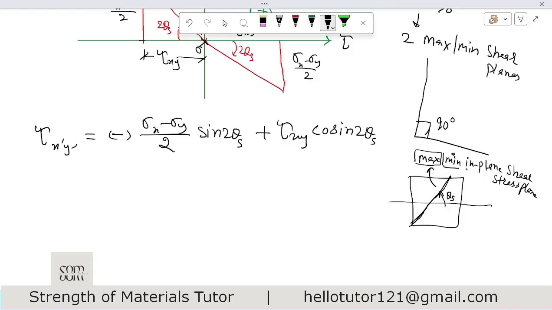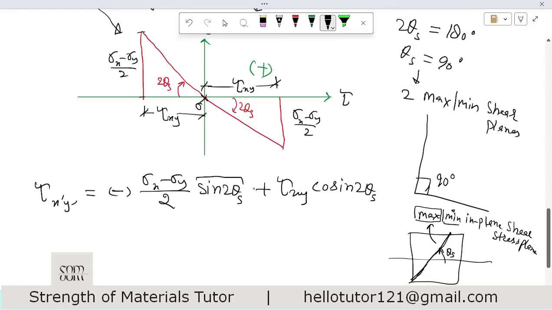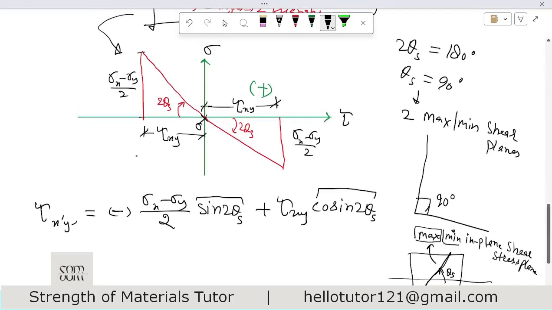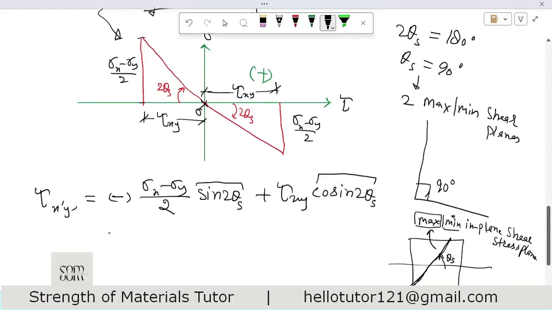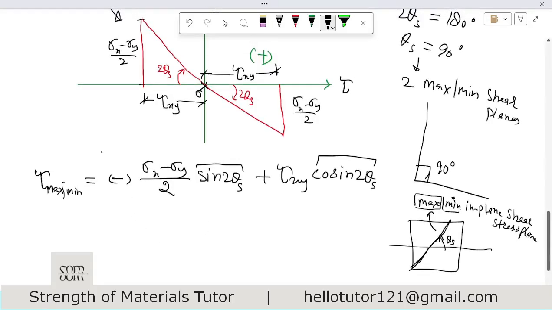But right now let us keep it like this. So if we substitute sine 2 theta s and cosine of 2 theta s from this, we will get the maximum shear stress. Since we substitute this tau s, we will get tau max or min, and again there is no minimum basically, but as I told you, we will see.